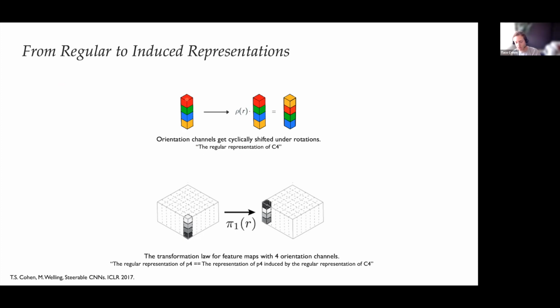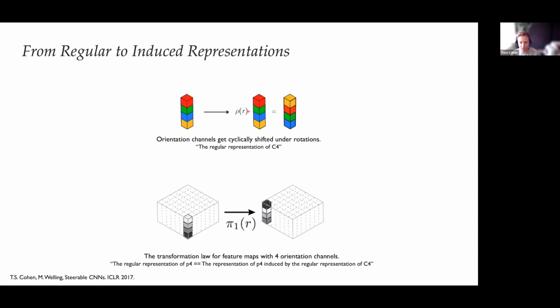In the case of the discrete rotations and translations, we had 4 orientation channels at each point. So it's a 4-dimensional vector, and it has a certain way of transforming: if we rotate it, we get a cyclic shift. The whole stack of feature maps transforms such that each of these feature vectors is rotated and there's a cyclic shift. That's an instance of an induced representation.